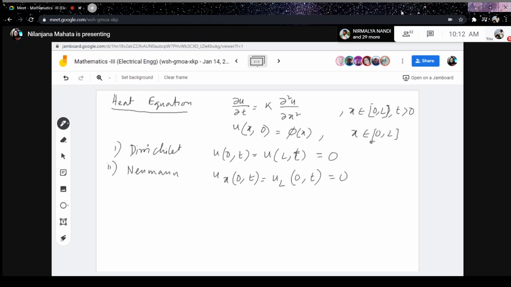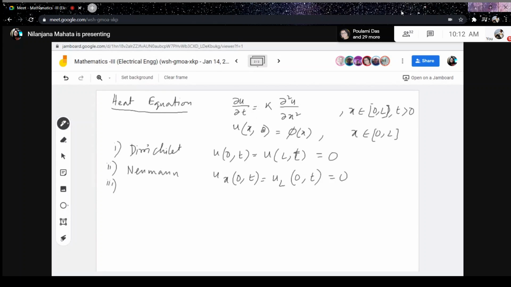Whatever x is given in 0 to L, this is capital L. So these are Neumann conditions, and depending on these boundary conditions, we will solve this equation.